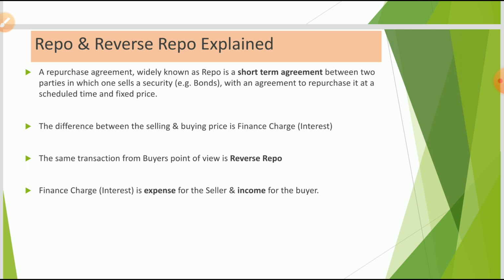he is selling these securities at a price, and after a few days, which could be overnight or after a week or so, he will buy back those securities from the buyer at a price which is higher than the price at which he sold them. So there is a seller who sells the security and gets into an agreement that he will buy those securities back at a specified time and at a fixed price.